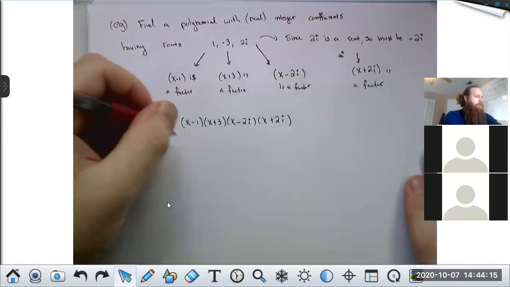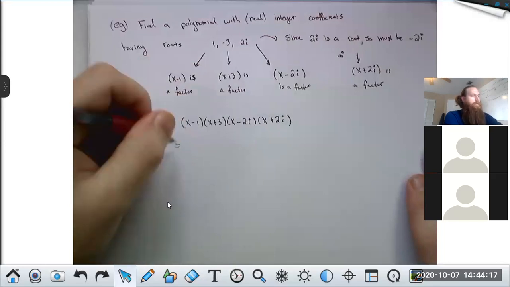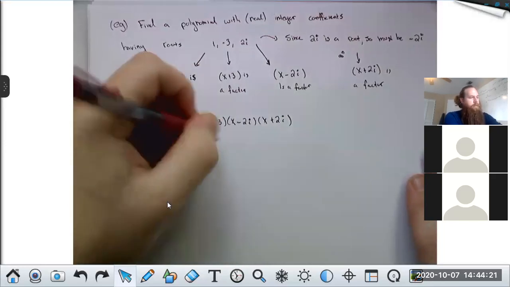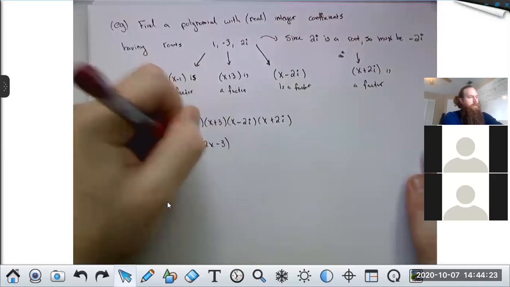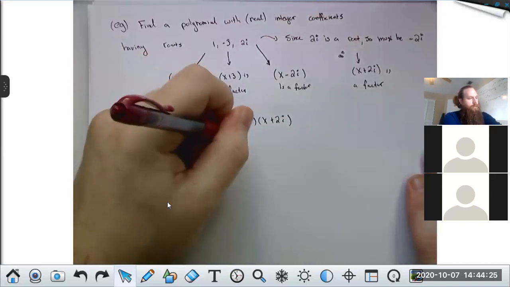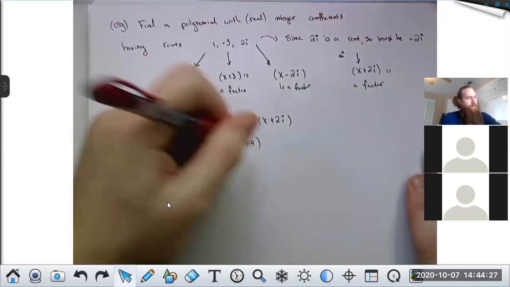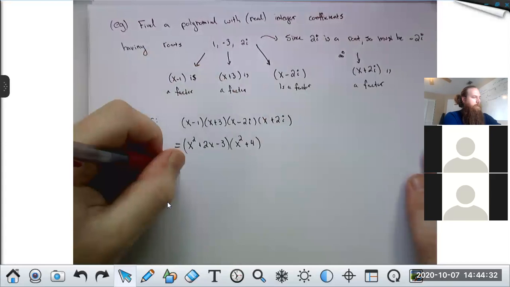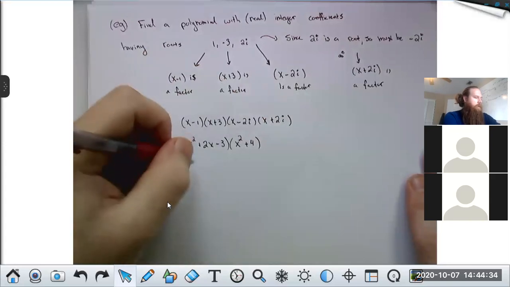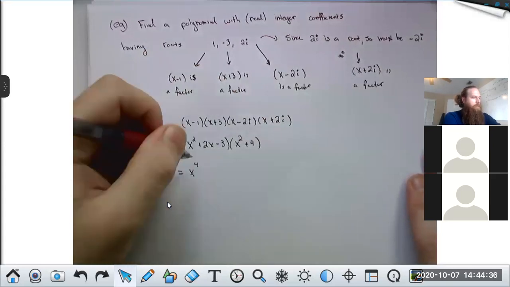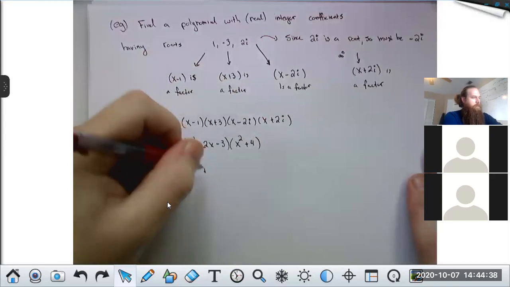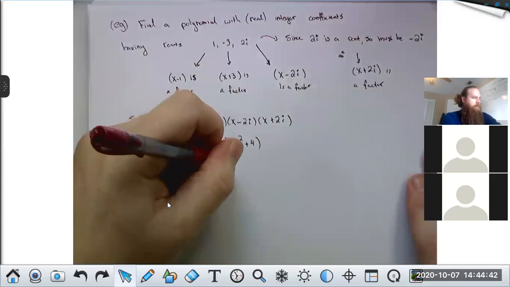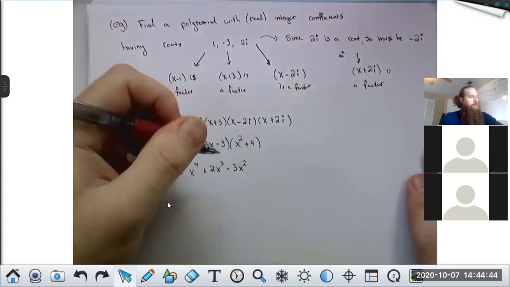Now we could multiply all this out and verify. This is x squared plus 2x minus 3 times x squared plus 4. And then we can distribute, and I'll get x to the 4 plus 2x cubed minus 3x squared.